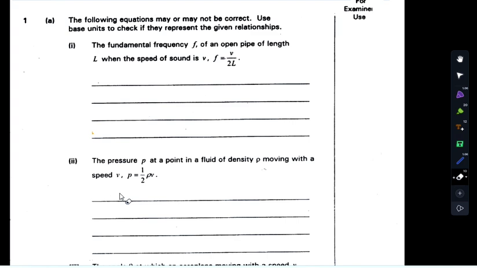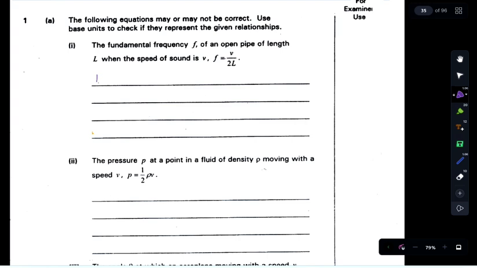When you are answering this type of question, you need to show that the left hand side is equal to the right hand side, or the left hand side is not equal to the right hand side, in terms of the base units for representing those given quantities. So you can write down the unit for the left hand side, which is the frequency.